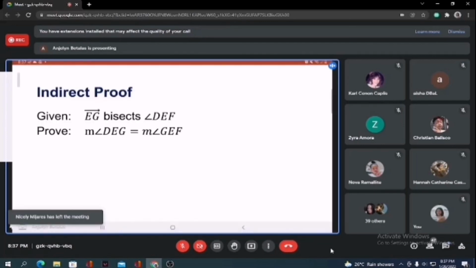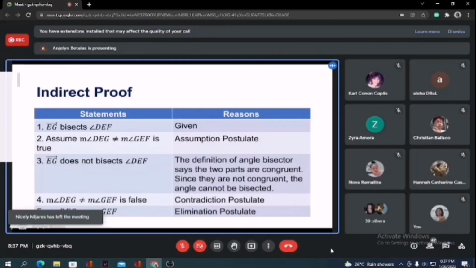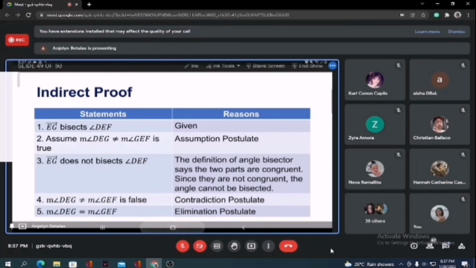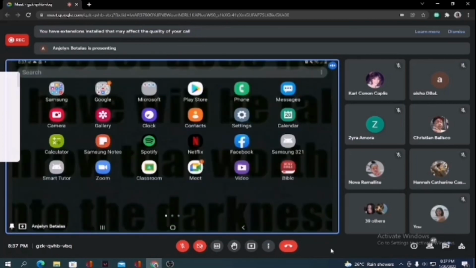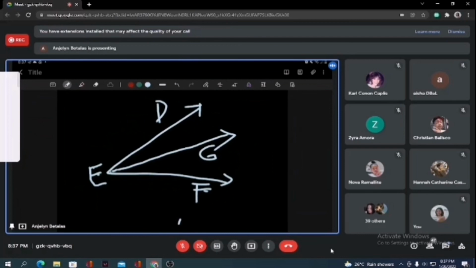Naay figure diri. Kung dili man gusto nga equal, nakita man nato sa figure nga si angle DEG ug si angle GEF. Kita ninyo?